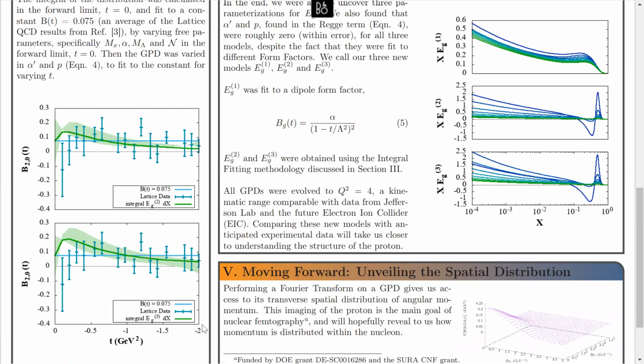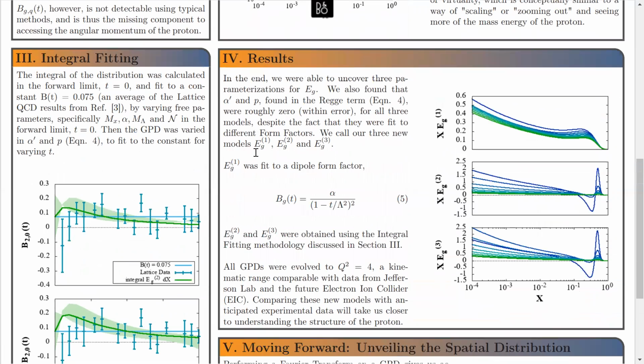This graph in section 3 visualizes that fitting process. The light blue line is the constant we fit to. The error bars are the lattice data, the green line is the average of EG that we used, and the shaded region is the error on that GPD.